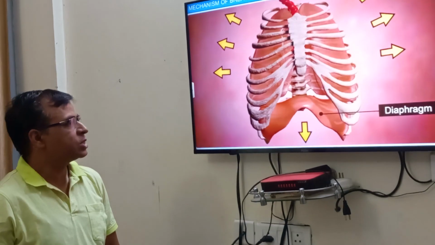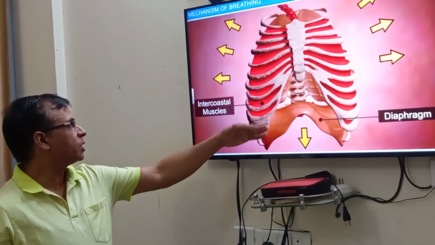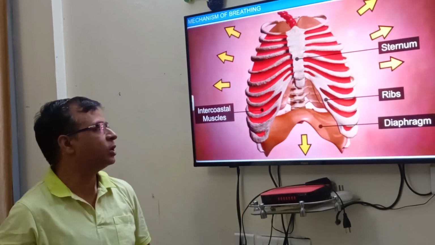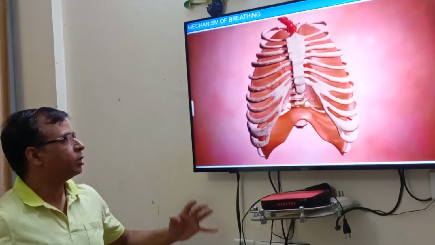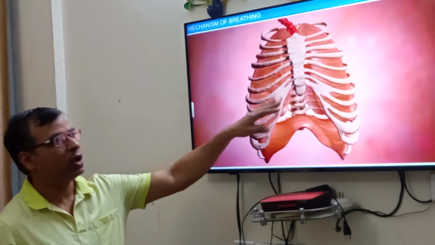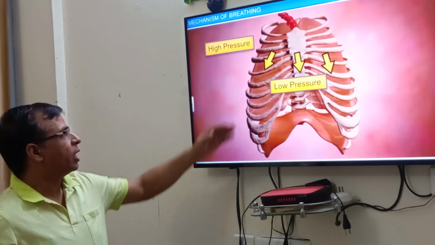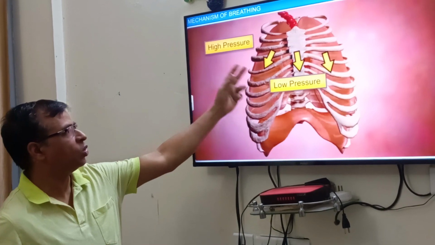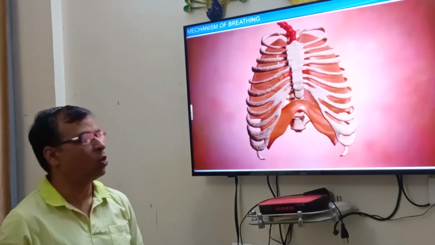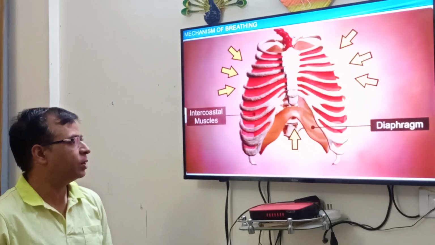There is the diaphragm. During inspiration, we start with the contraction of the diaphragm, and this increases the volume of the pulmonary or thoracic volume. There is high pressure outside and low pressure inside, so air comes inside the body, and inspiration takes place.